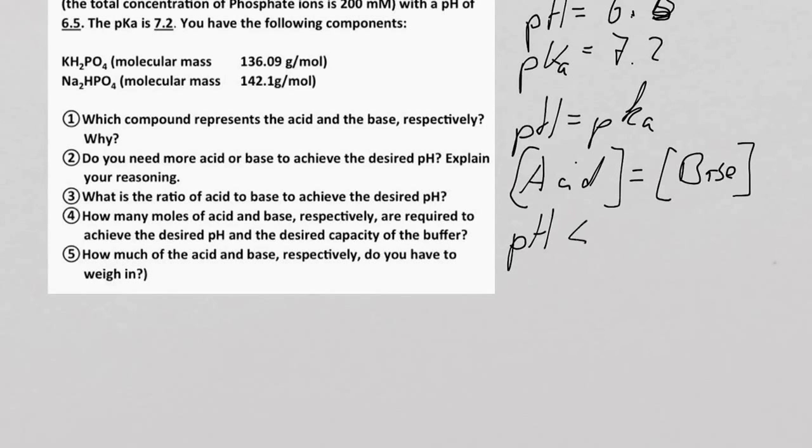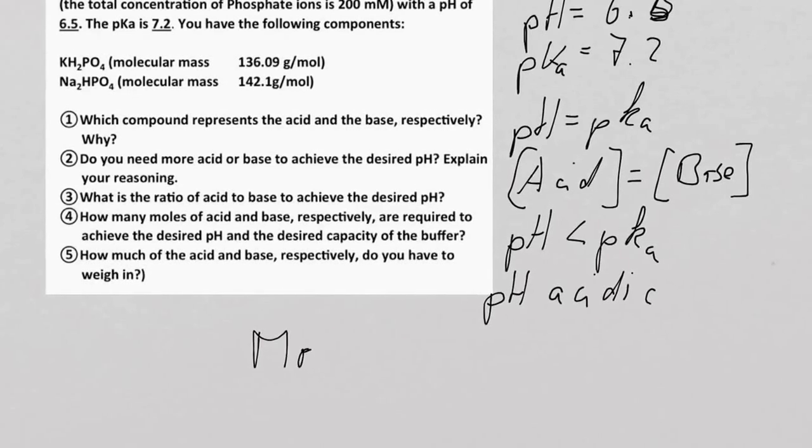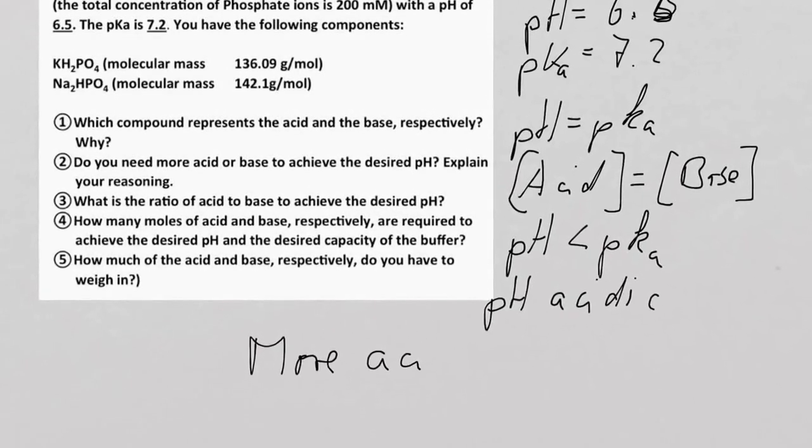So if the pH is lower than the pKa, so the pH is on the acidic side, we know that we need more acid.